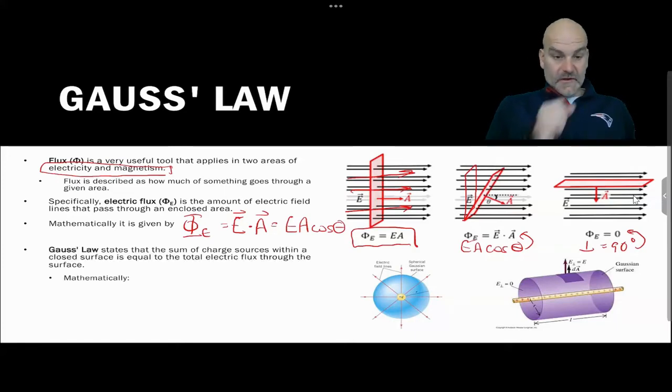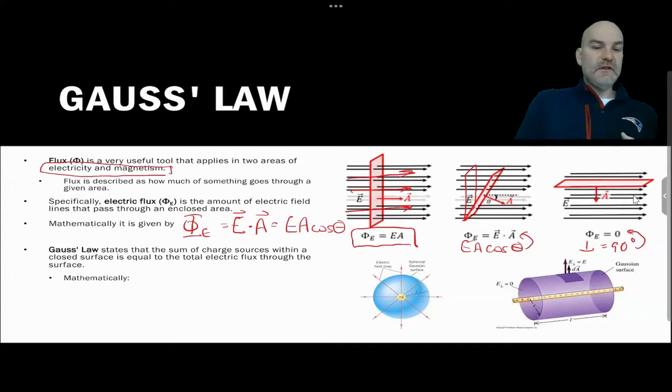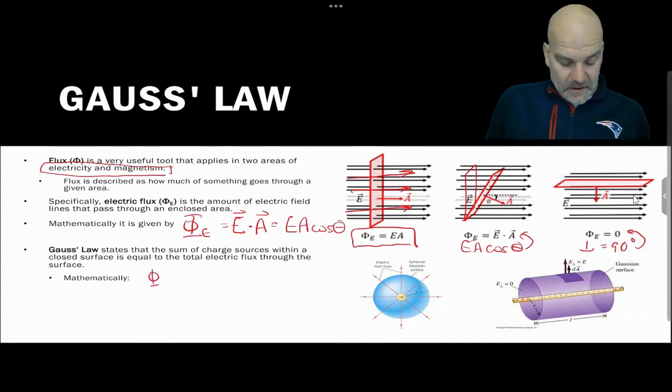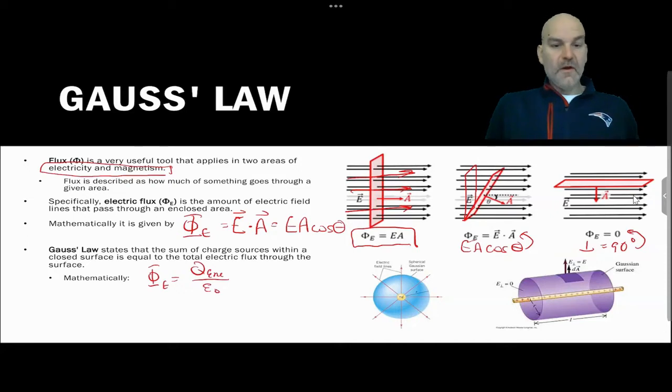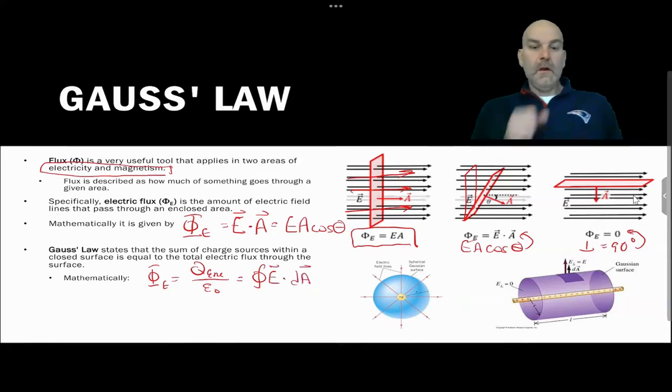Now, Gauss's law states that the sum of charge sources within a closed surface is equal to the total electric flux through that surface. So what does that mean? The electric flux is equal to the amount of charge enclosed by that area over epsilon naught, which equals the integral of E dot dA.